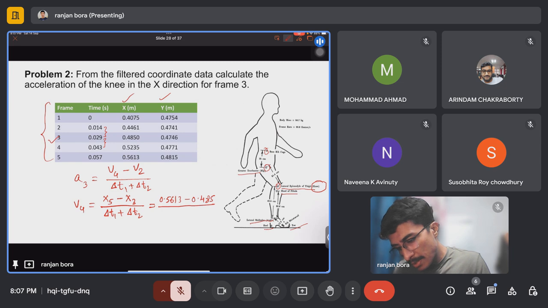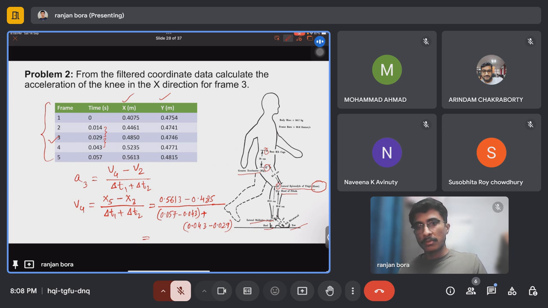Delta t1 means 0.57 minus 0.43, and what is delta t2? t2 is 0.043 minus 0.029. So from this expression you will find out the velocity at the fourth frame.